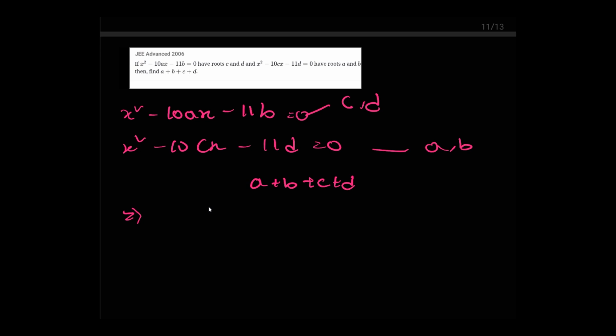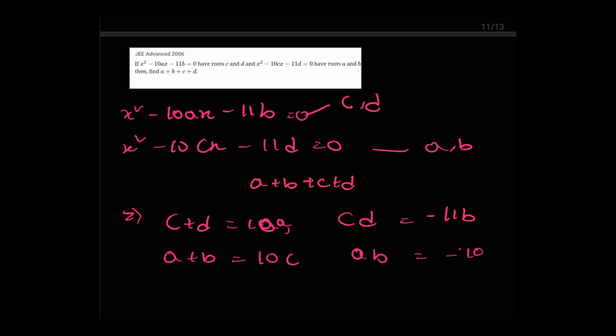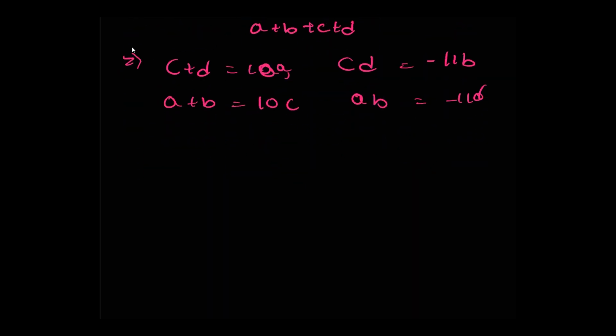Now from the equations we get c plus d equals 10a, cd equals minus 11b, and a plus b equals 10c and ab equals minus 11d. Now subtract a plus b from c plus d.